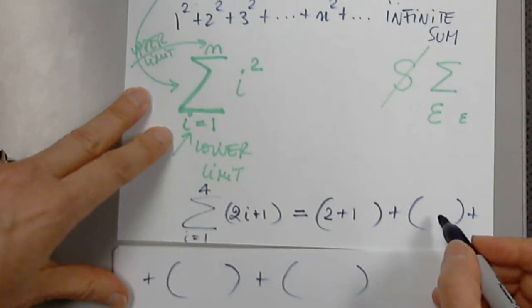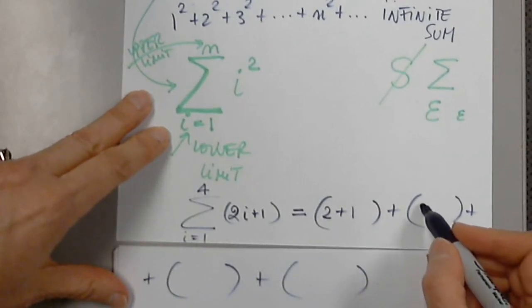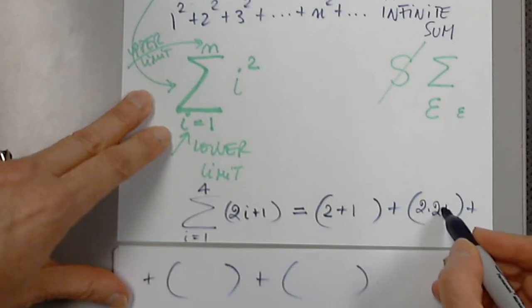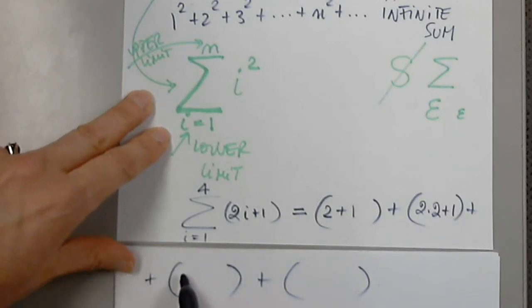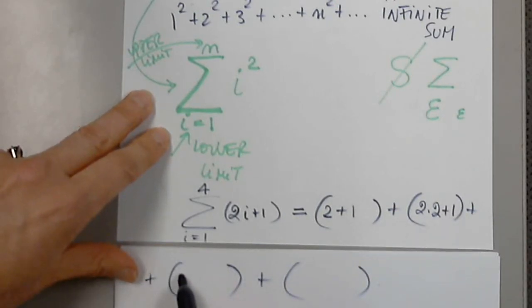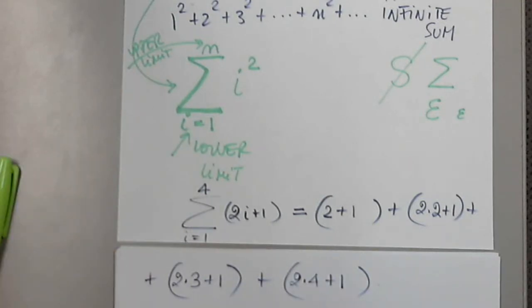Good. The next one. 2 times 2 plus 1. The next one. Actually it's 2 times 3 plus 1. And the last one. 2 times 4 plus 1.